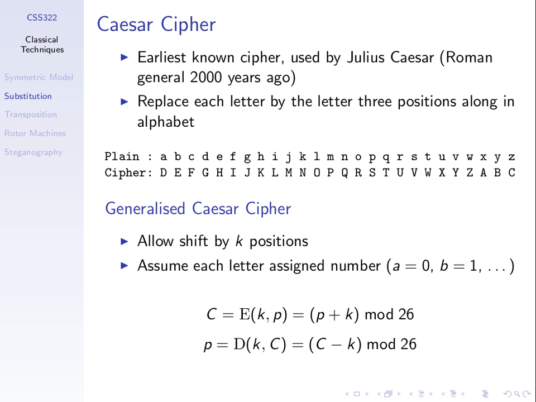Can we shift left by a negative number? We could define an encryption cipher to shift left, but that's the same as shifting right a different number of positions because it wraps around. So in the general Caesar cipher, where we can shift any number of positions, the number of positions we shift is the key.